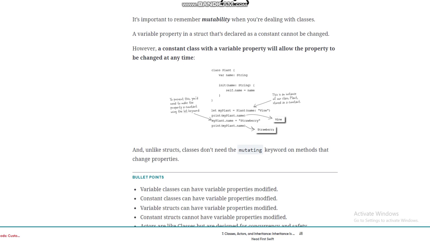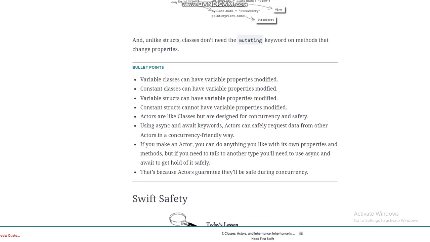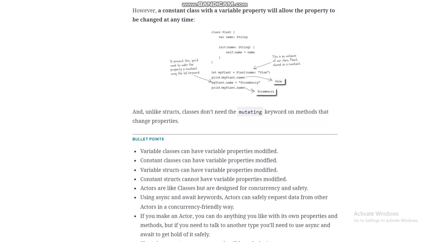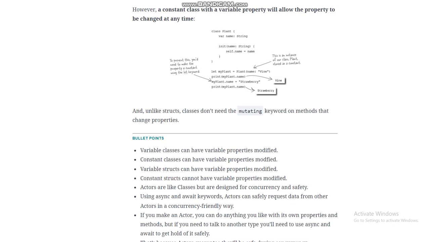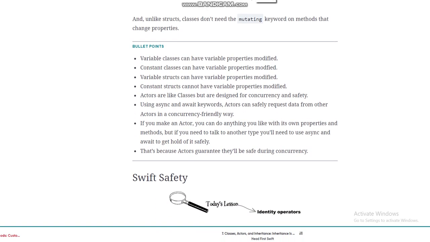So we have a class, we have name, we have my plans, right? We have name, like a wine, a strawberry, right? And the class doesn't need the mutating keyword for a method to be changed. This is very important to remember, right? Because it's just to put some value. Of course, we just put the name and change the value. That's the different way to change it.